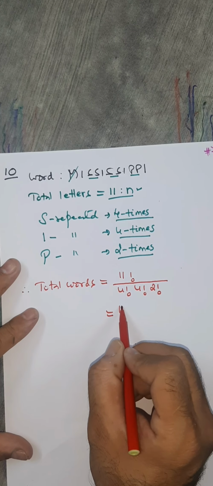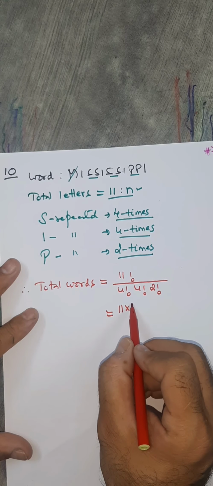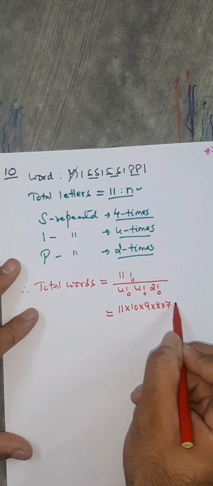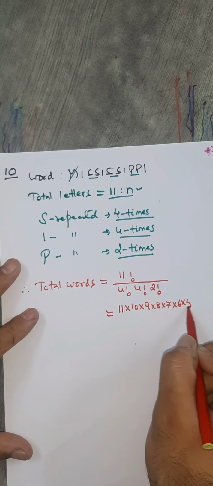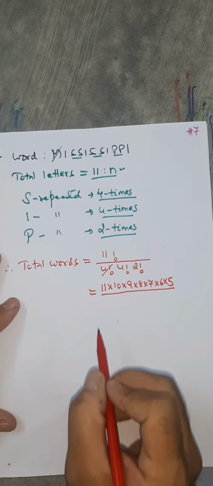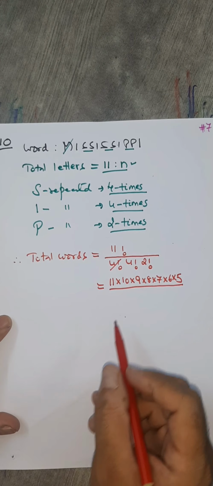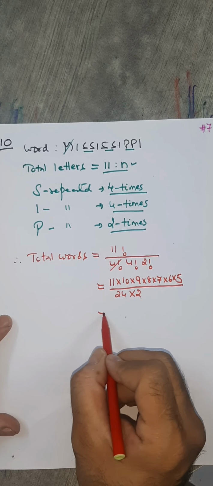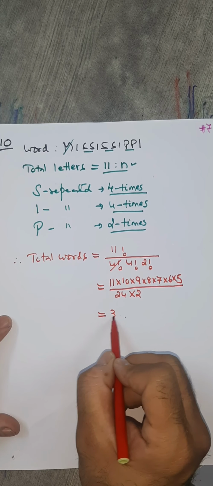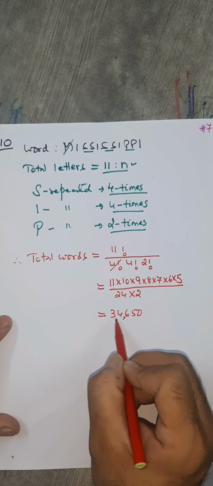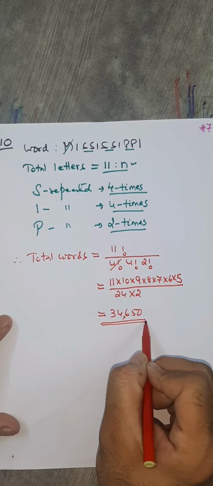You cannot write the value of 11 factorial, so 11 into 10 into 9 into 8 into 7 into 6 into 5. 4 factorial आएगा, एक कैंसिल हो जाएगा, upon 4 factorial 24, 2 factorial is 2. So just simplify. If you simplify, you'll get 34,650.